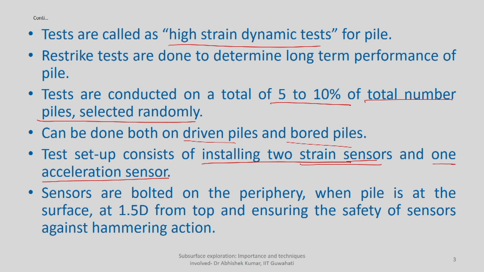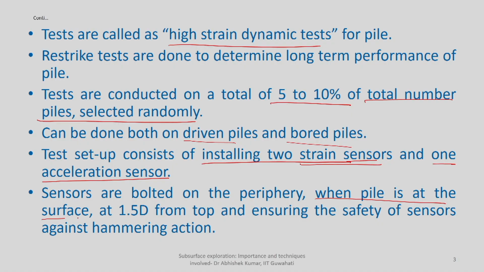These sensors may be piezoelectric sensors and another kind of sensor which will be bolted. These can be bolted on the periphery of the pile such that the minimum depth should be 1.5 times the diameter of the pile from the top of the pile, that is from the bottom of the pile head.